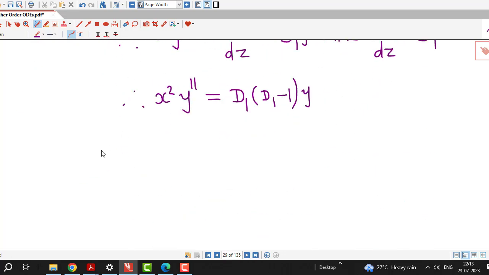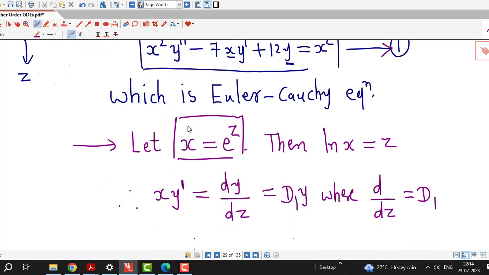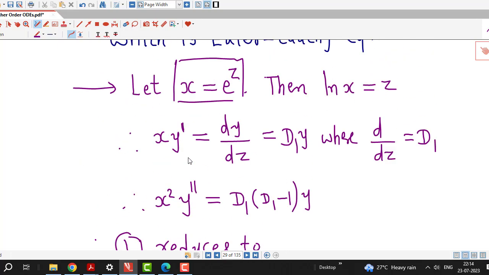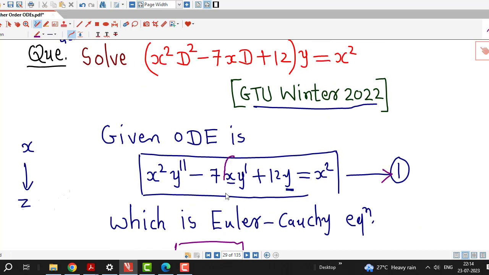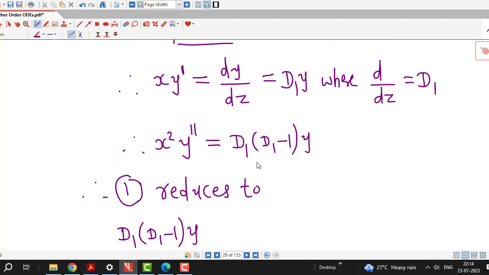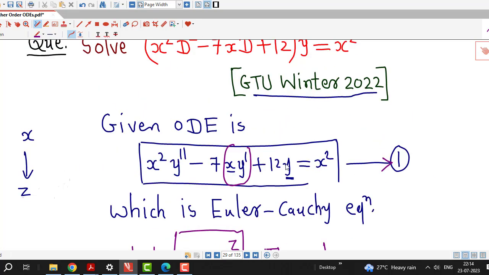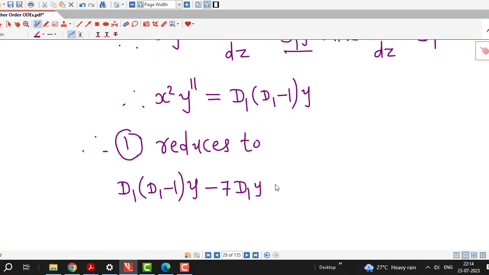Using all these things, equation number 1 reduces to: the first term x square into y double dash we replace by D1 times D1 minus 1 y, minus 7 times x y dash, where x y dash is replaced by D1 y, so we have minus 7 D1 y, plus 12 y equal to x square.